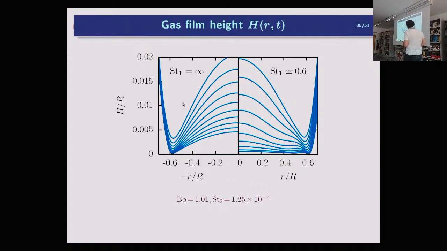If you compare, this is capital H, the thickness of the gas film as a function of time for the solid case and the liquid case. And indeed, at the end, the criterion to stop the simulation is the same, and what we see is that at the end, the gas film is, I would say, 10 times smaller than in the solid surface case.